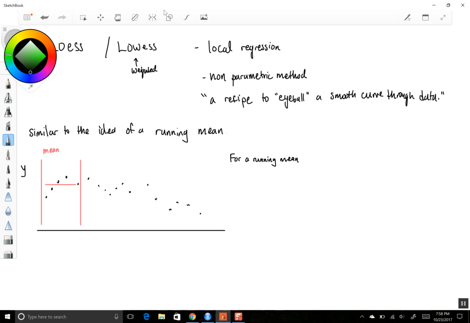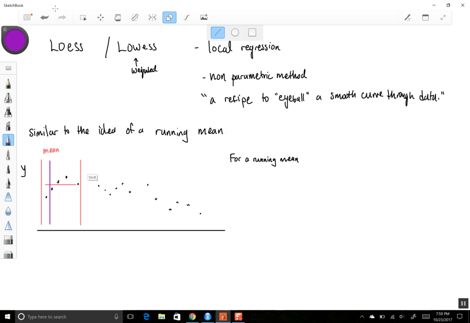And then if we move along over to the next set of 5 values, now I'm right here. I'm going from here to here, okay? And so I look at 1, 2, 3, 4, 5, and what is the mean of these 5 values?